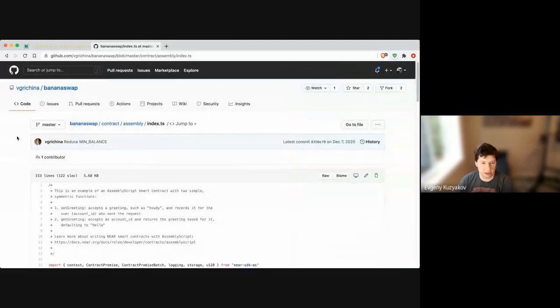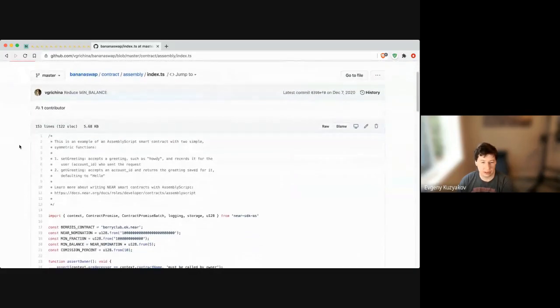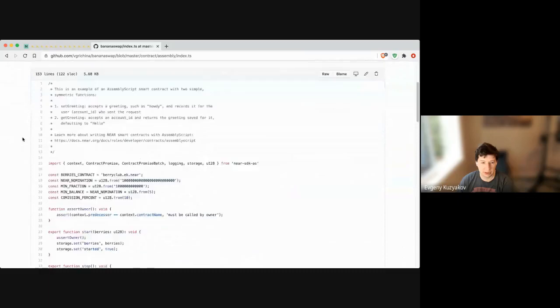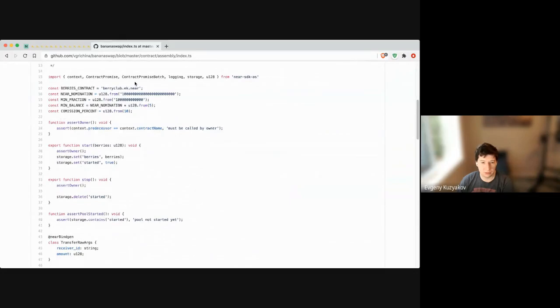So the contract is written in AssemblyScript, which is similar to TypeScript, and it's just one file. It starts with a bunch of constants. So this is the amount of near, and because AssemblyScript had a weird big number implementation, this contract uses U128.